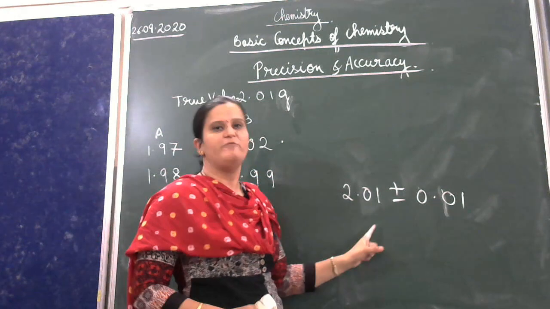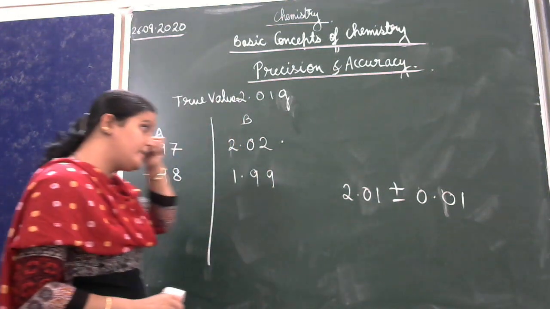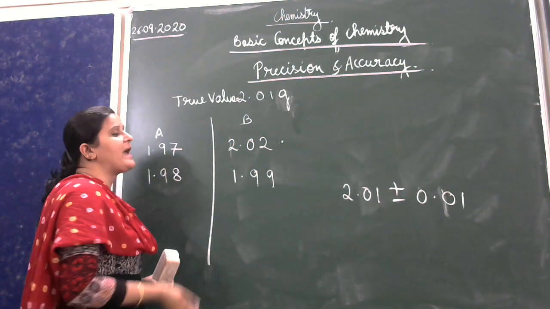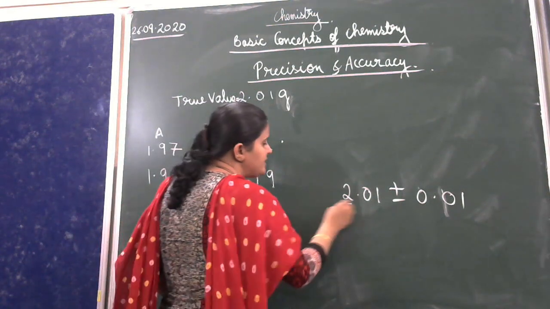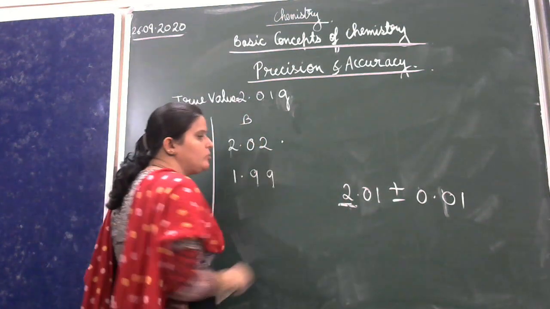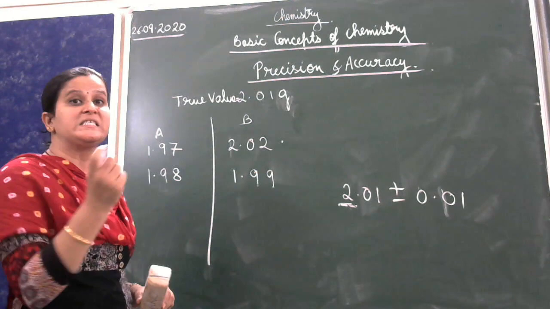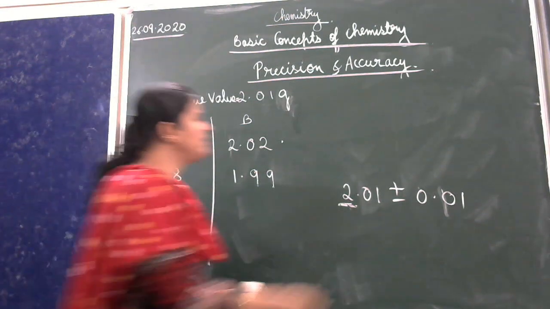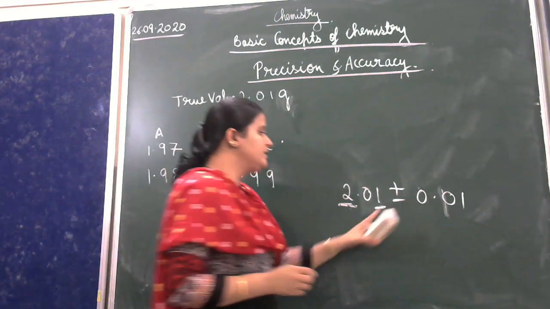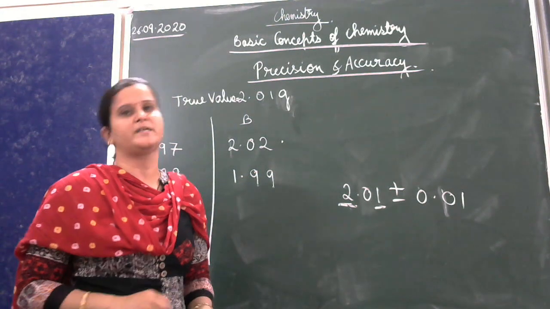This value can vary. And one more thing you should know: this part is actually called the certain value. But what about the last digit? This is called the uncertain value.